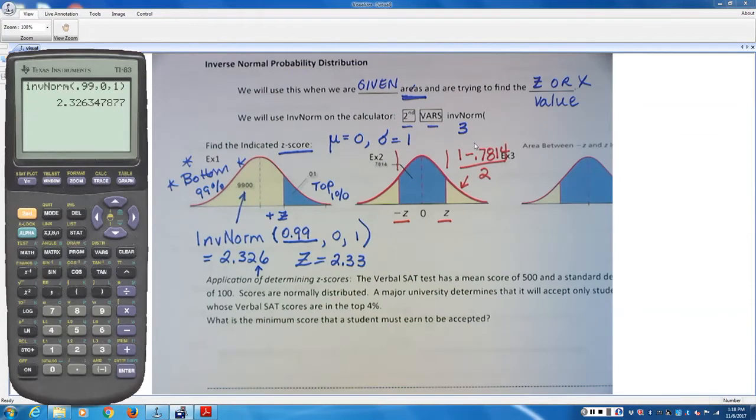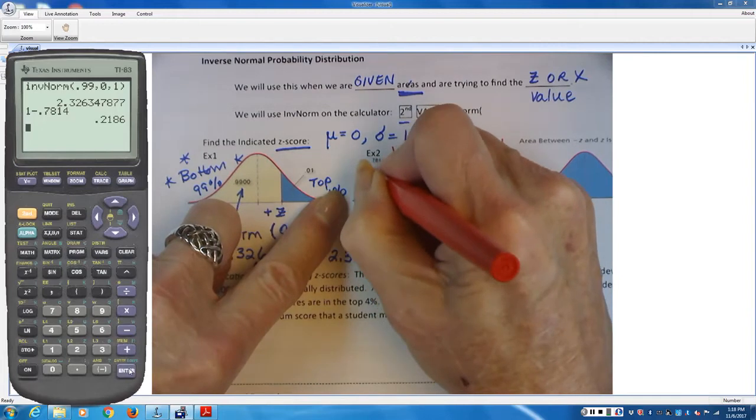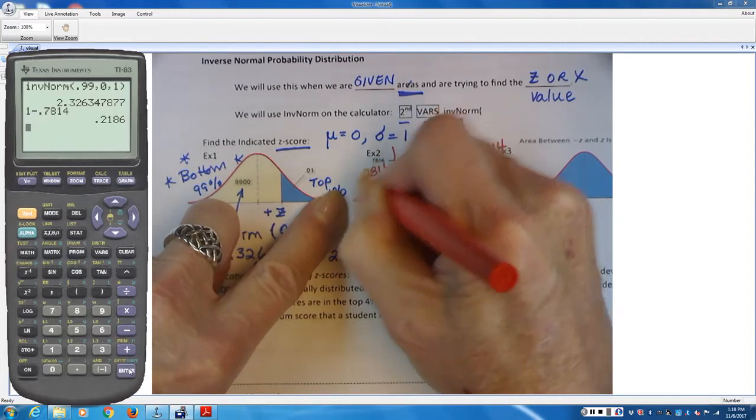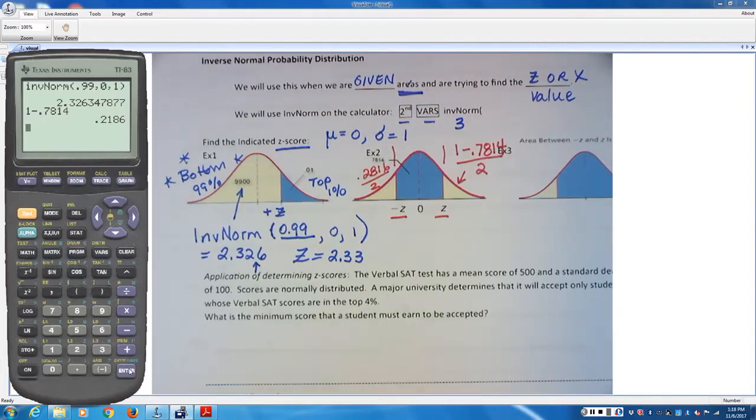So 1 minus 0.7814 is a total of 0.2186. But only half of that 0.2186 is in the lower tail. Half of it's in the upper tail. So the part that's in the lower tail is 0.1093.